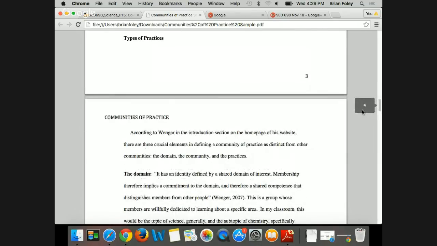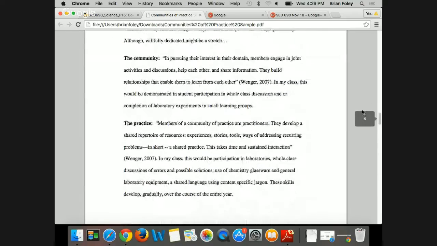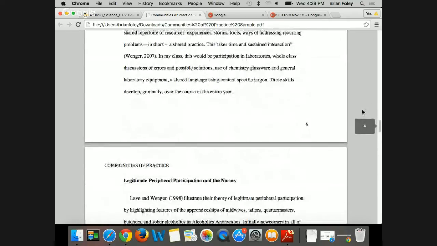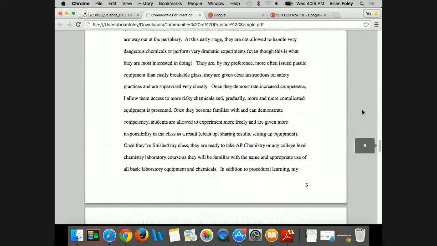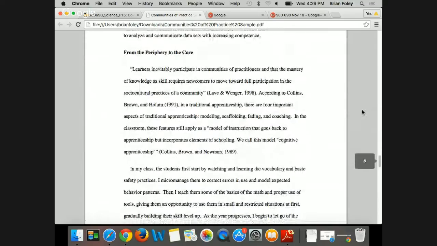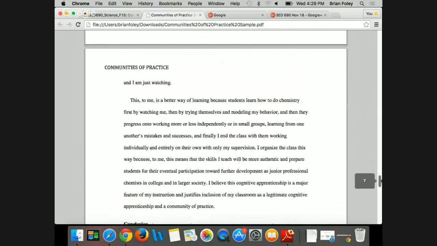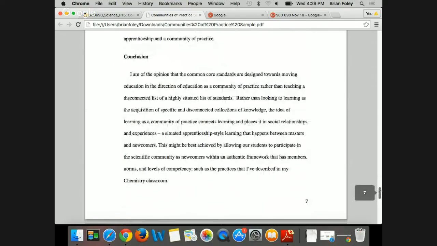And then it talks about the practices in her classroom, the community and some of the practices that they do, and she's got some references. She actually read one of the other Wenger papers, I think. And then she talks about the cognitive apprenticeship stuff as well, and lots of examples from her class. So that was a 7-pager. That was the long version, as I mentioned.